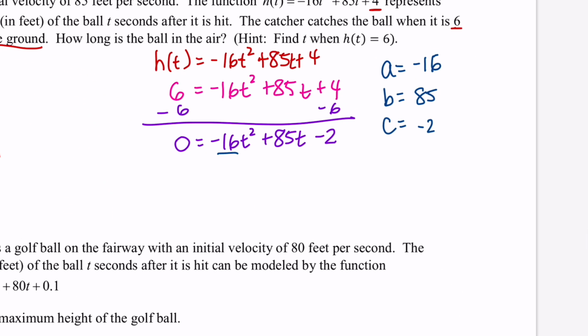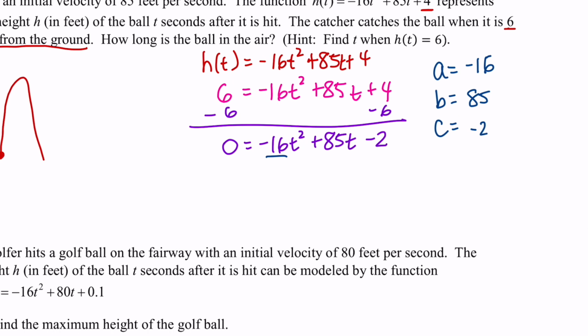Now, normally when we use the quadratic formula, it's x equals, but where we have t values here, we're going to say t equals, but everything else is the same. -b, so -85, plus or minus the square root of b squared, 85 squared. I don't really know what that is, but we will put it in the calculator. -4 times a, which is -16, times c, which is -2.